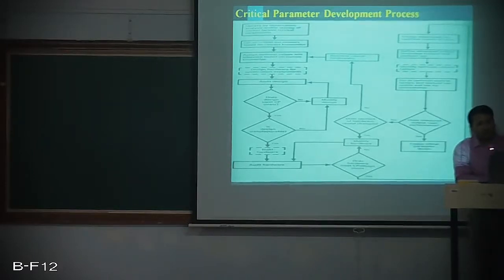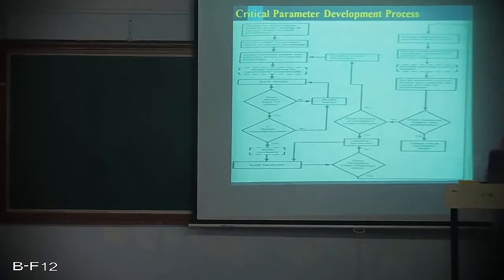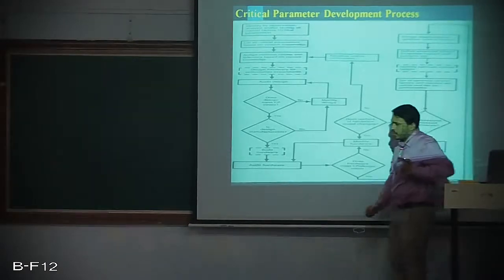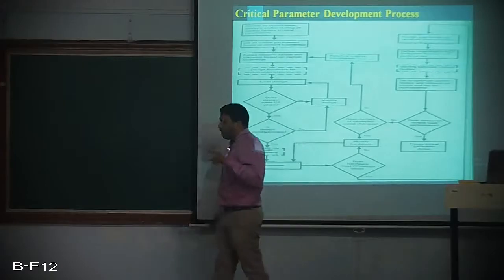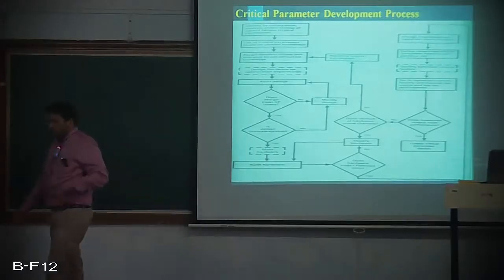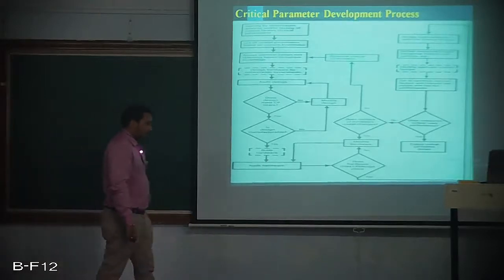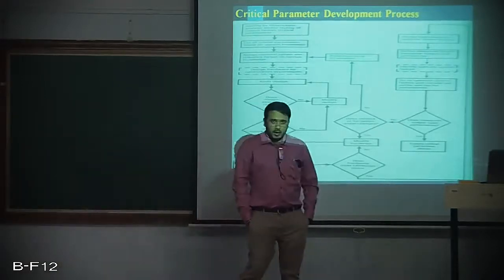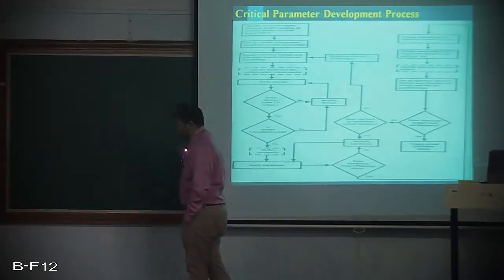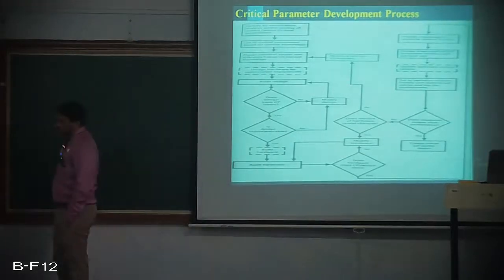This is how the critical parameter development process works. So basically it starts from identifying and listing the critical parameters, and then building the design and making the audit, and then optimizing those critical parameters, and then you need to check the optimization by the test.